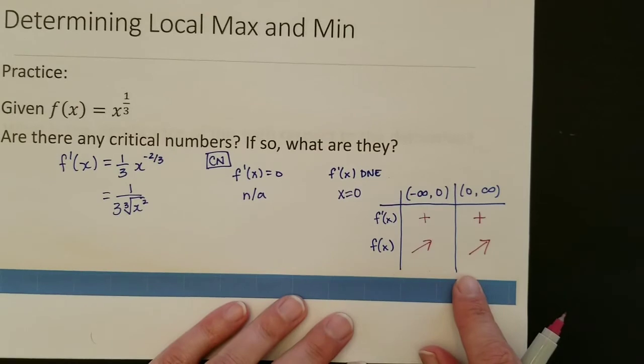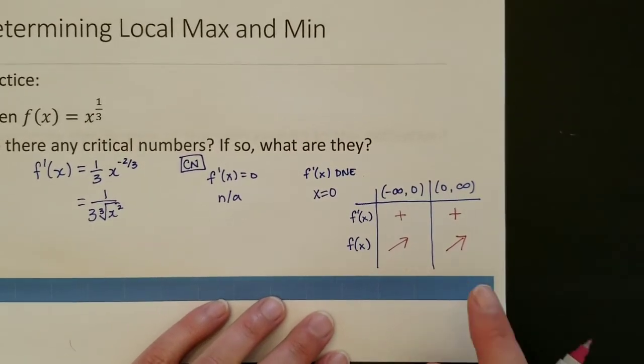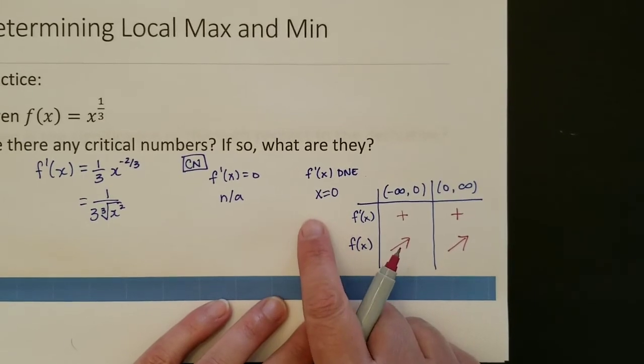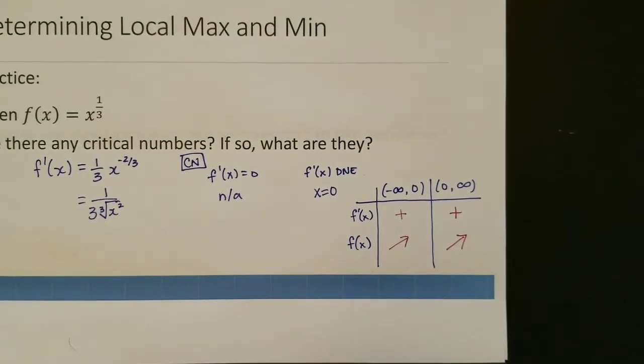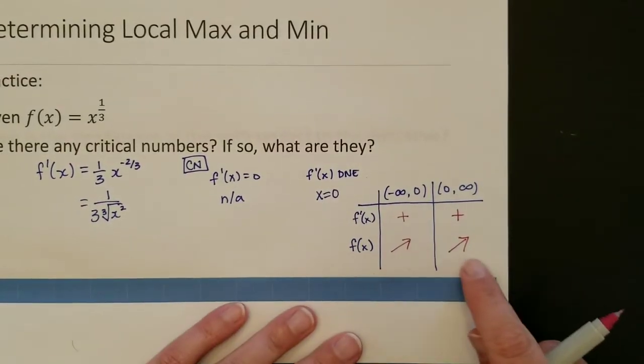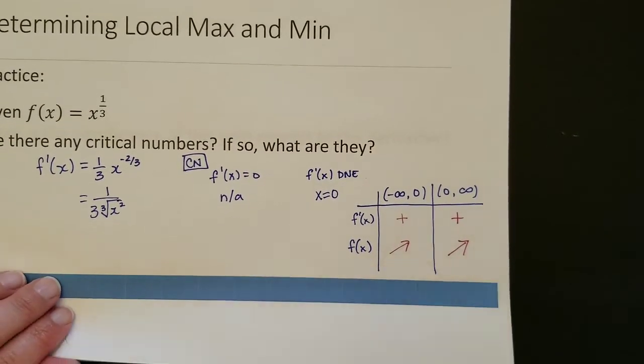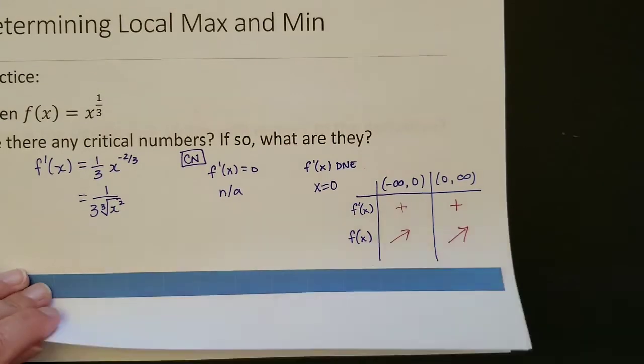So this function is a little bit of a funny one, in that we've got this critical number, but it's not a local max or min. Remember that the increasing or decreasing, or the sign of the derivative, had to change for this to be a maximum or minimum value.